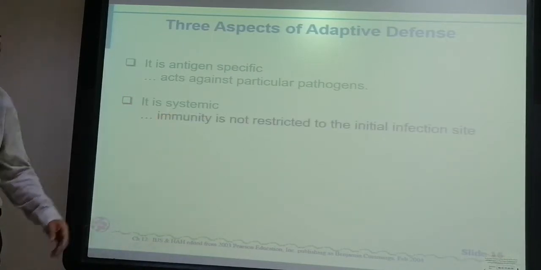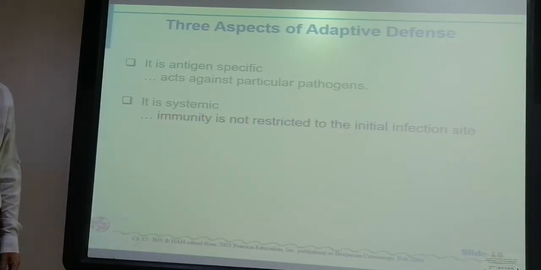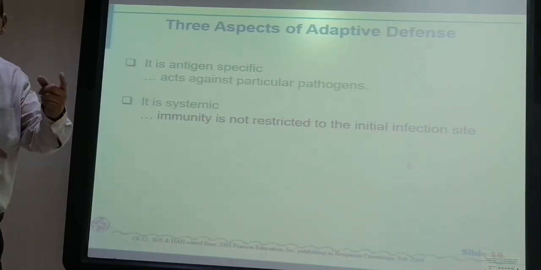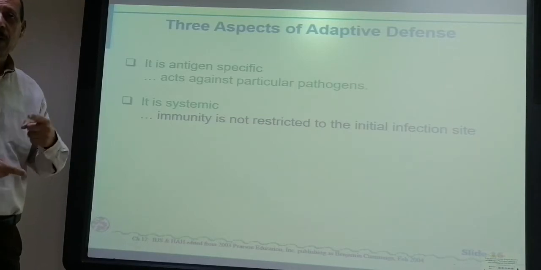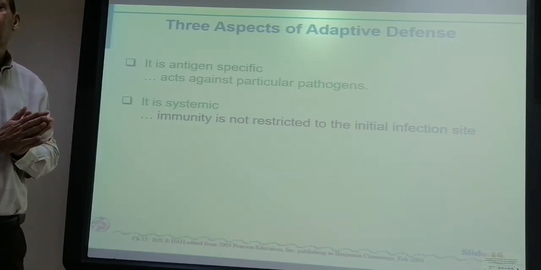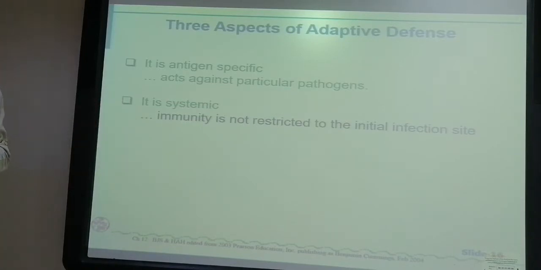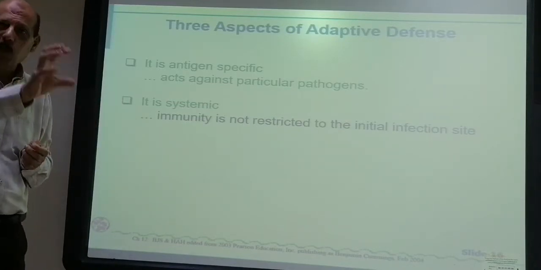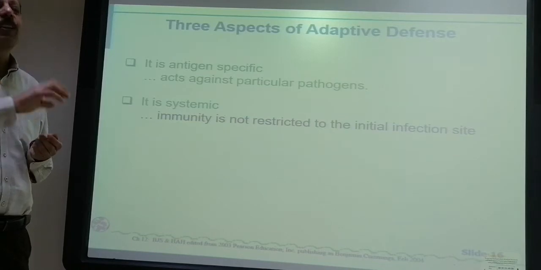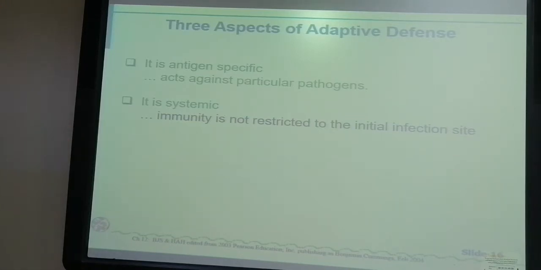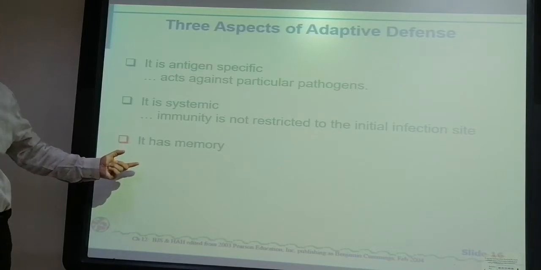The immune response is not restricted to the initial infection site. The antibodies will be circulating all over the body, in the blood. So it is systemic, not localized. The inflammatory process is localized to the site of infection. The third thing is that it has memory.